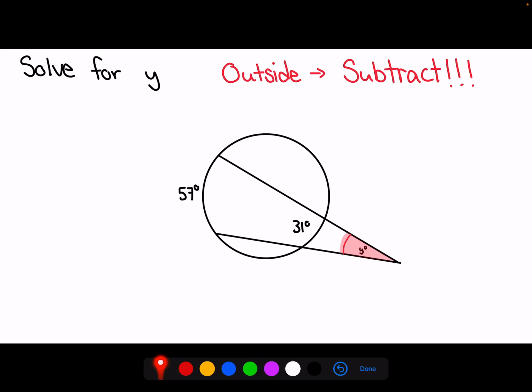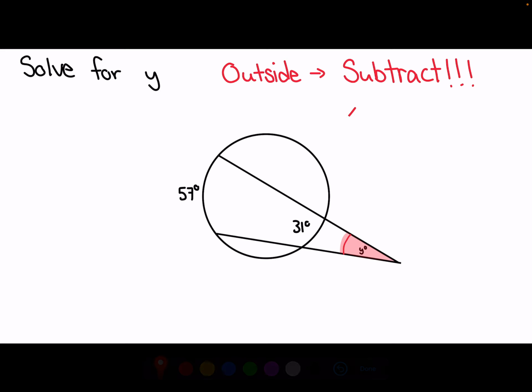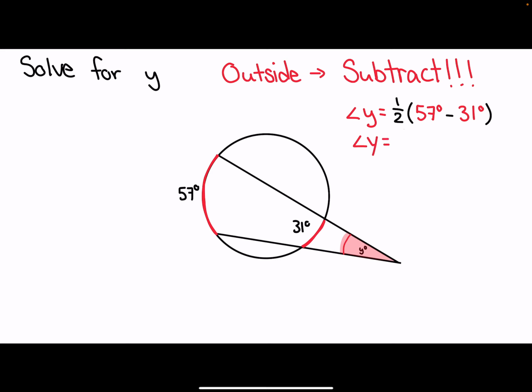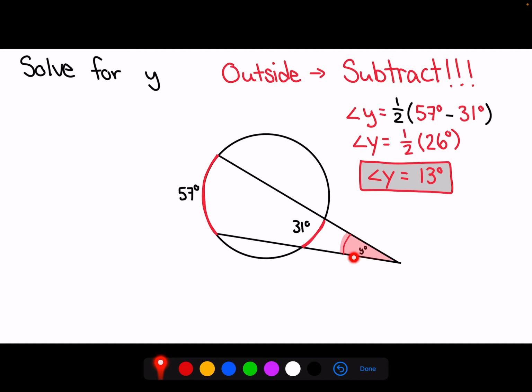So therefore, we're going to use the equation: angle y is equal to half of the far arc minus the close arc. So angle y is equal to half times 57 minus 31. Well, 57 minus 31 will just leave us with 26. Half of 26 is 13 degrees. So angle y is equal to 13 degrees.